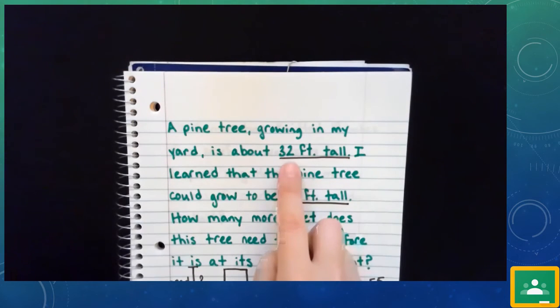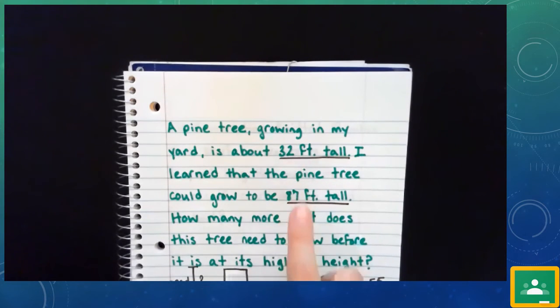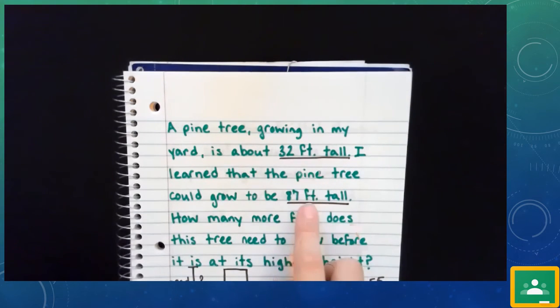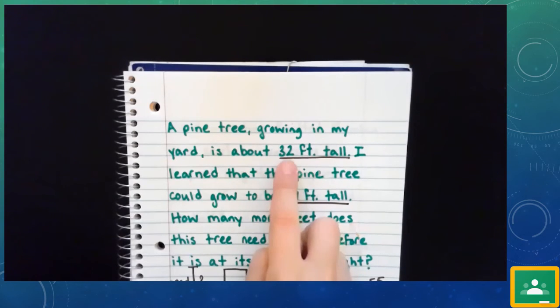So the pine tree in the yard is already 32 feet tall. Potentially, it could grow to be 87 feet tall. So again, here I have the same unit, feet, but different numbers.